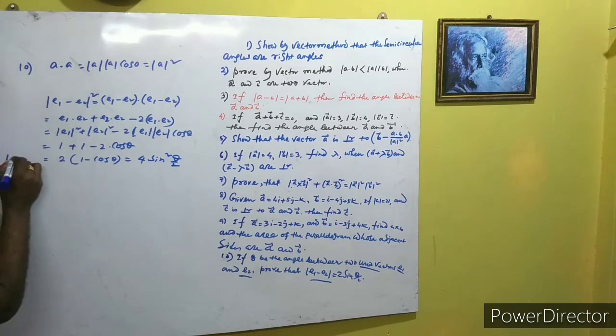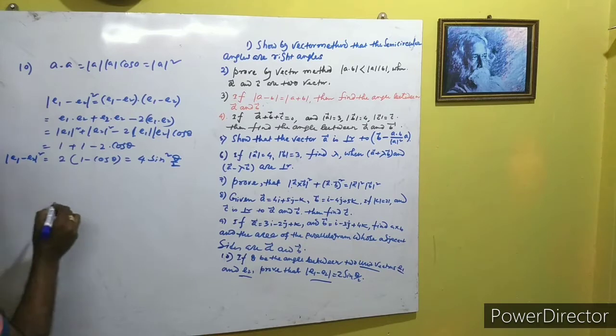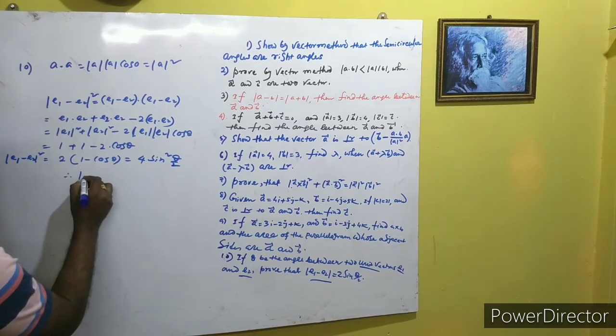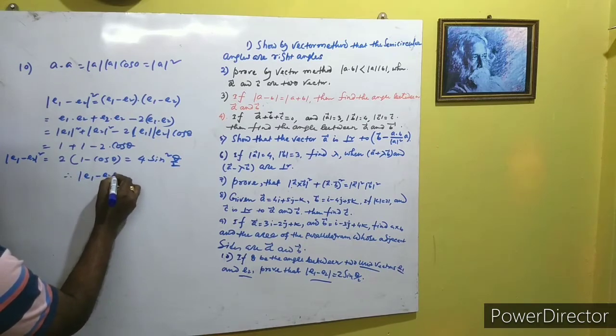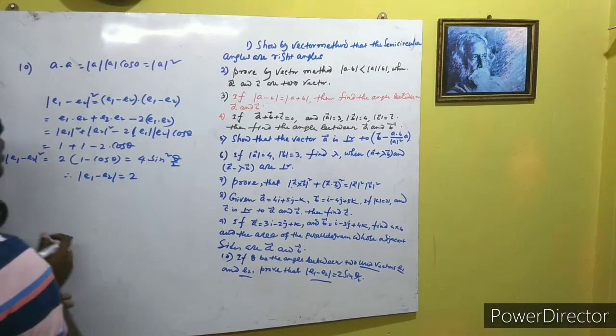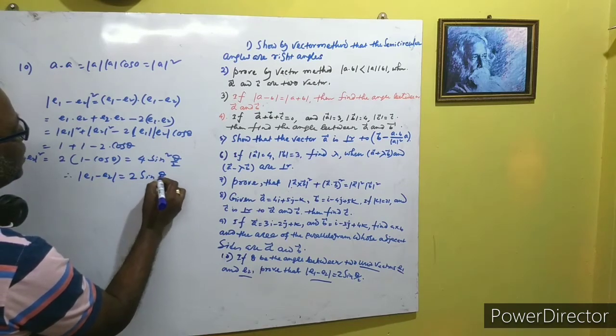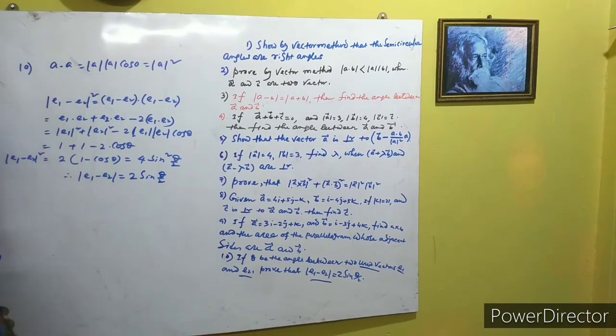This is the square of mod E1 minus E2, so mod E1 minus E2 is equal to 2 sine theta by 2. As this is a magnitude, we don't take the plus minus sign, only the plus sign.